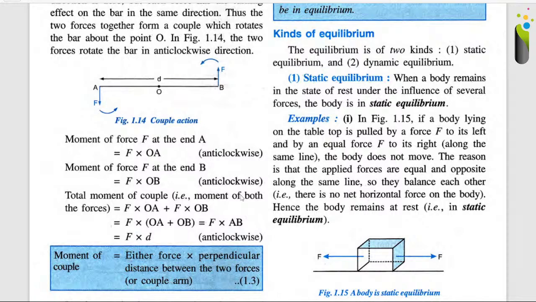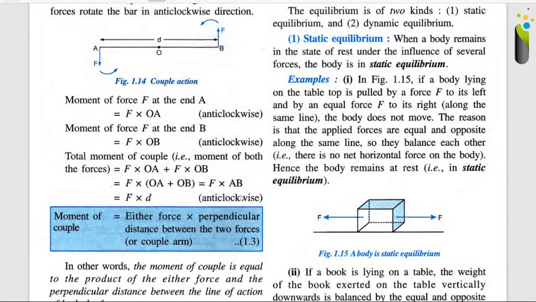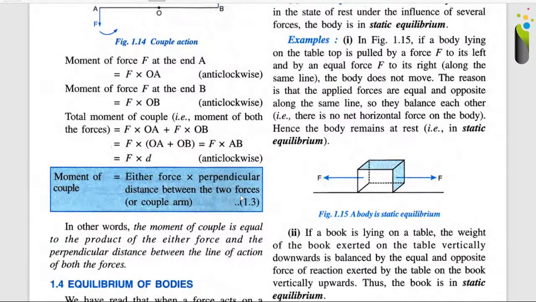So the moment of the couple is equal to either force into perpendicular distance between the two forces or couple arm. Very, very important relation. In other words, the moment of couple is equal to the product of either force and the perpendicular distance between the lines of action of both the forces.